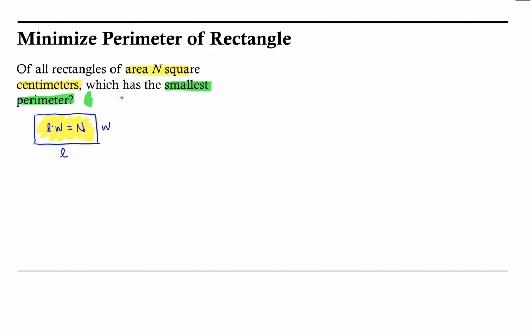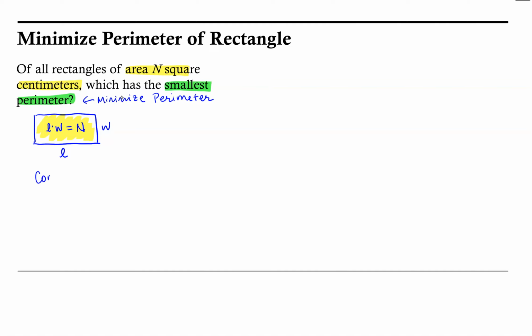That means we want to minimize the perimeter. So our goal here is to minimize the perimeter subject to the area of the rectangle being n square units.